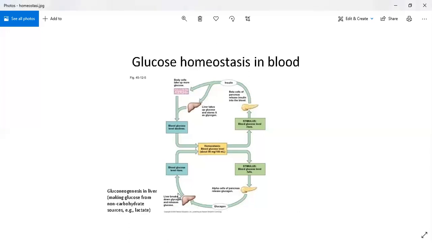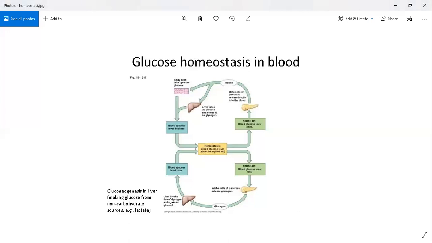Glucagon has come to the liver to break down this glycogen to release glucose. All the glycogen that was here has been broken down to glucose, but the glucose level is still low in the blood. It is still not enough for the body. So what will the body do?